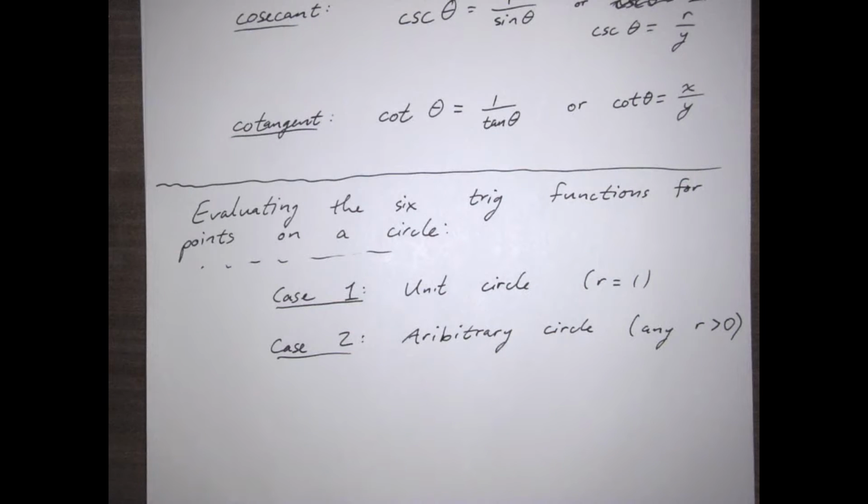Radius of 0, that's just a point, and why talk about the different points along a point? That doesn't make any sense. And if radius is negative, then that doesn't make any sense at all. That just blows the mind. So for an arbitrary circle with any positive radius, that'll be our case 2.